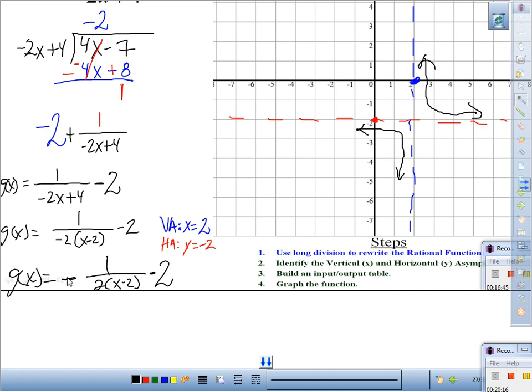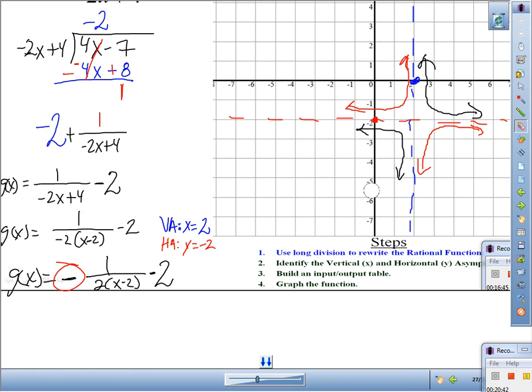Because it's a negative. So I erase those because they're going to go reflected down here and up there. This one reflects down here, and this one reflects up here. Why? Because it's a negative.